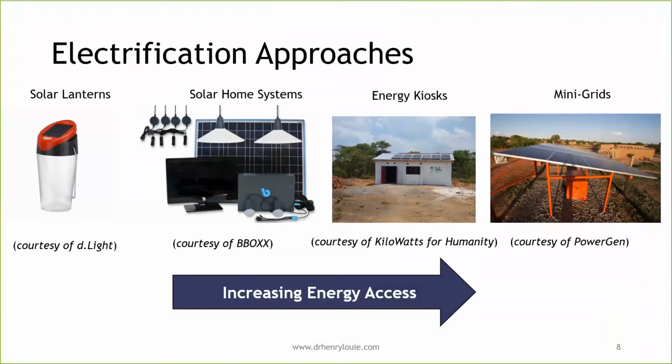It's very basic. Moving up this continuum, we have larger systems like solar home systems. These might be large enough to power several lights, and they might even be able to power TVs and fans. Again, it's not replicating the grid, but it is providing now a little bit higher tier electricity access.